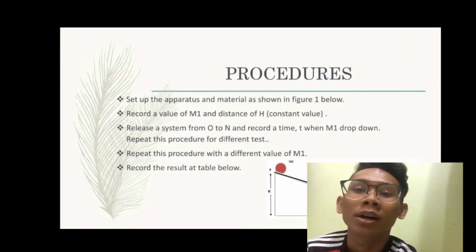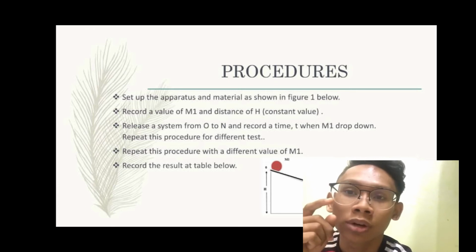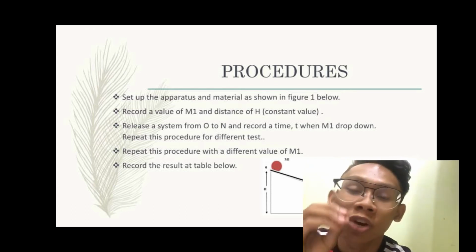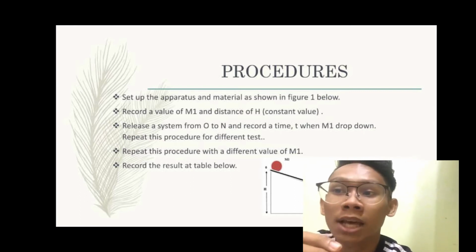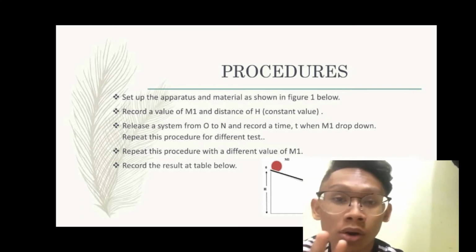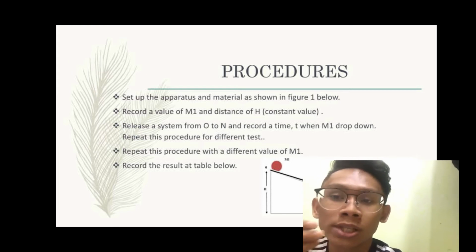Hi, I will tell you about the procedure and result. About the procedure, we have 5 steps. Step 1 is to set up the apparatus and material as shown in figure 1 below. Step 2 is to record a value of M1 and distance H, a constant value.